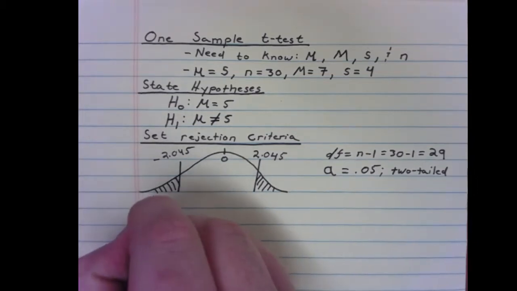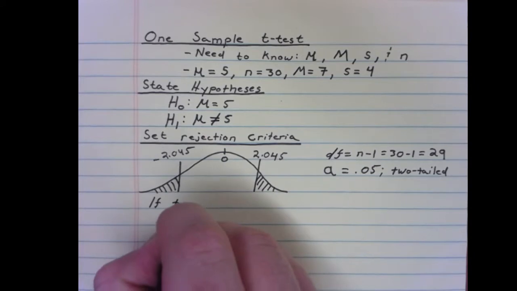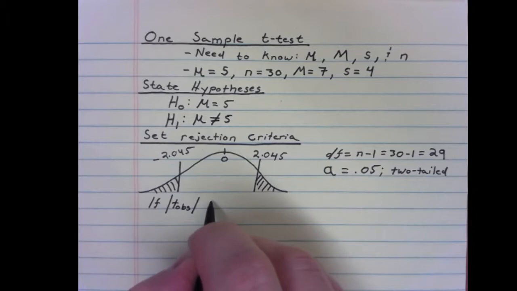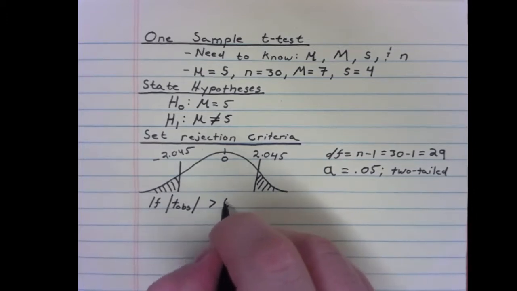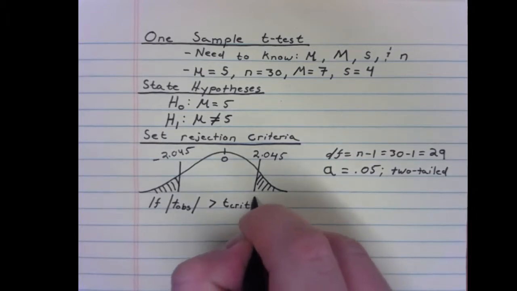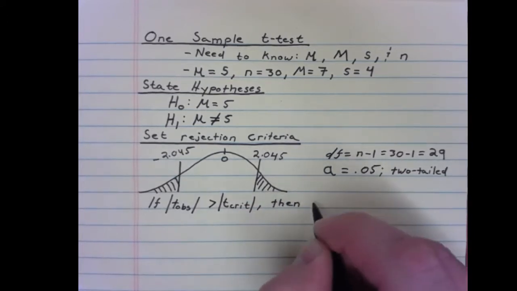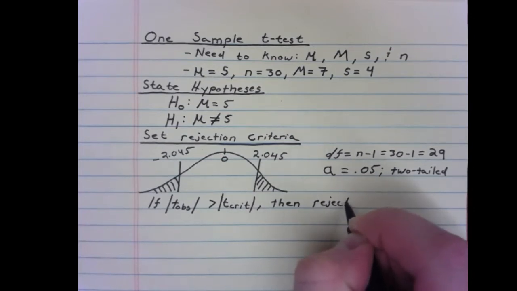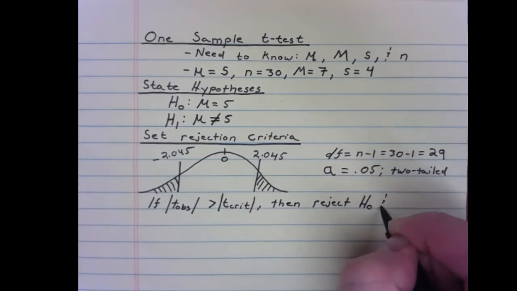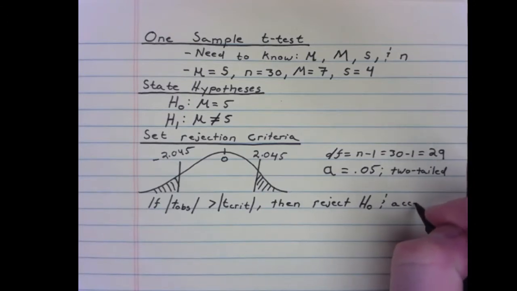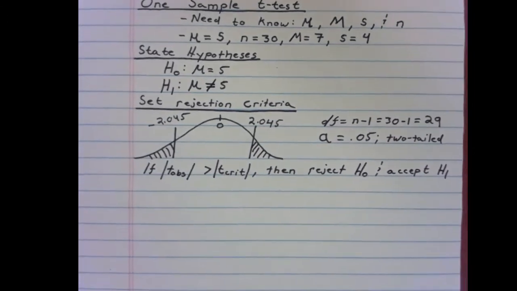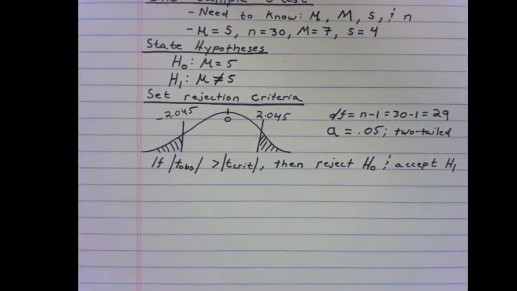So, if the absolute value of t observed is greater than the absolute value of our critical values, then we reject our null hypothesis and accept the alternative hypothesis. So we've got our rejection criteria all laid out. Now it's time to go about calculating our test statistic.